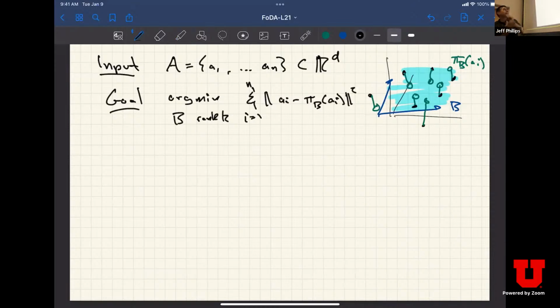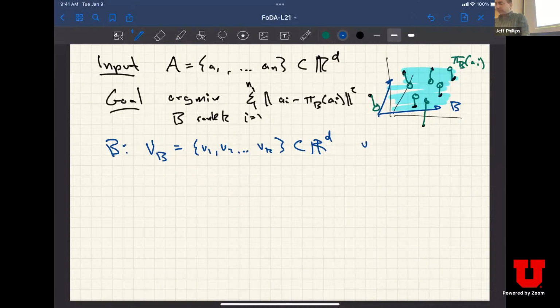All right. And so we talked about how to represent B: we would think about it through an orthogonal basis, V1, V2 up to Vk. This is a subset of R^D again.